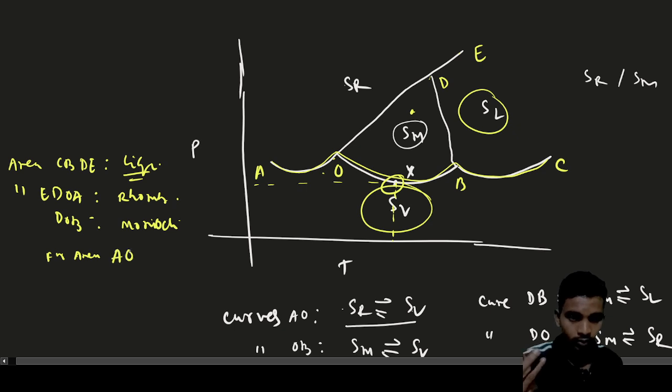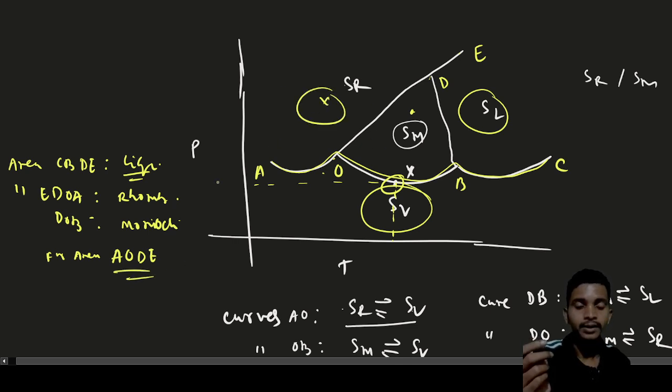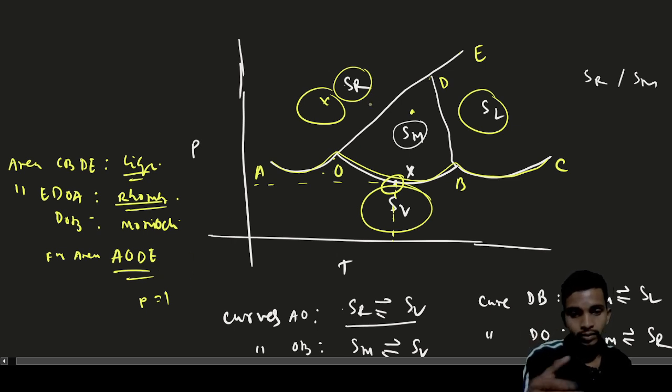For this area, if any point is present here, then how many variables do we need? In AODE, only one phase is there, only rhombic, so P is 1, and since we are discussing one component with no condition, C is 1.